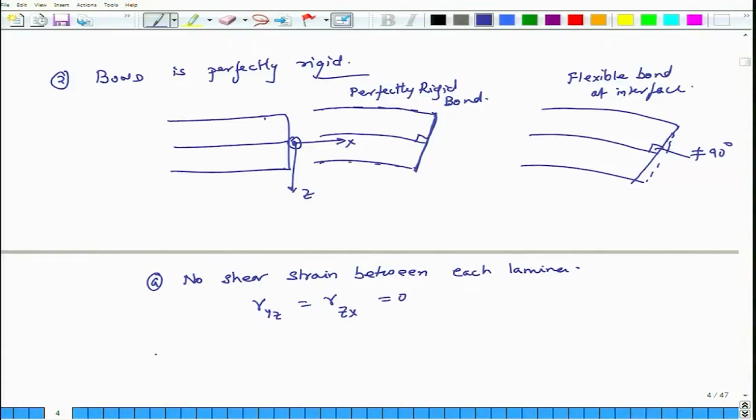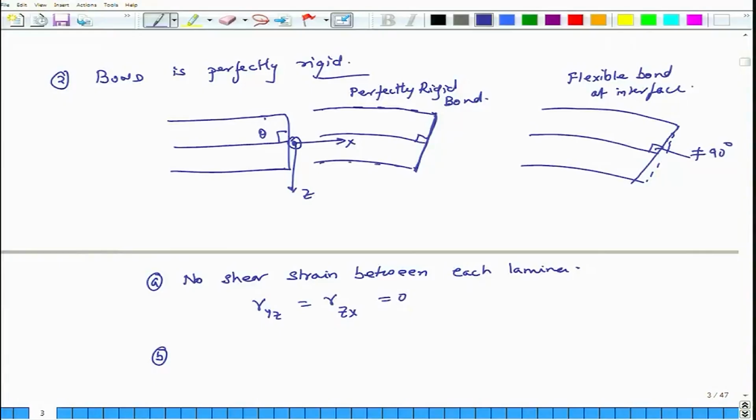The other thing is, if the bond is perfectly rigid, then this angle, theta, was initially 90 degrees, and when there is bending of the plate, theta still remains 90 degrees. So, this is the normality assumption.